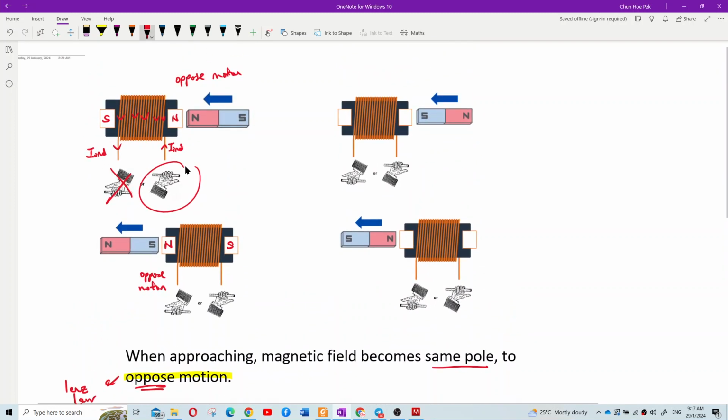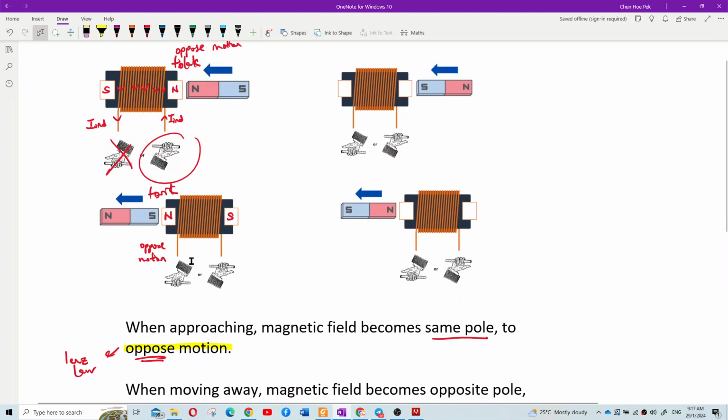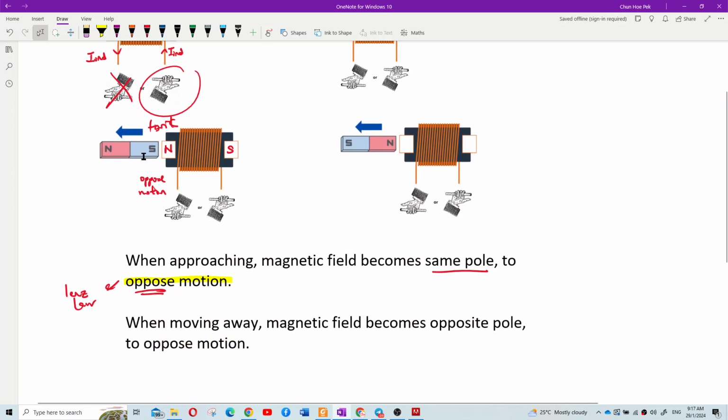Sini dulu dia datang, dia nak tolak. Bila magnet nak bergerak keluar, dia pula nak tarik. Dia selalu nak slow down kat magnet. So dia become opposite pole. Bila magnet moving away, become opposite pole to oppose the motion also.